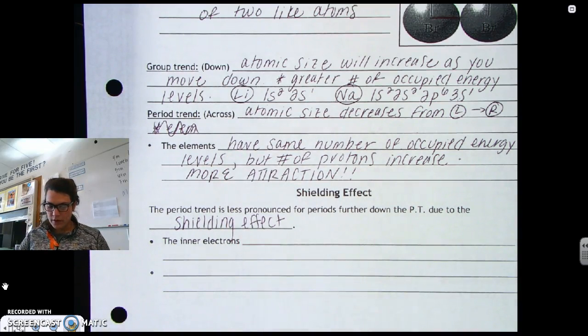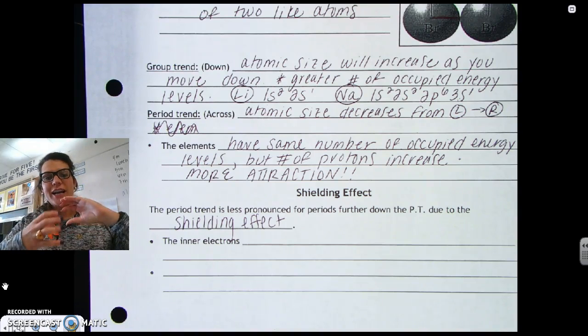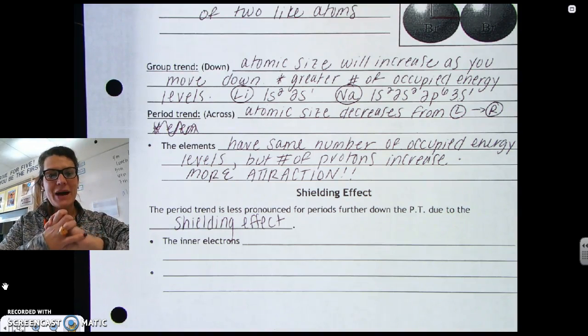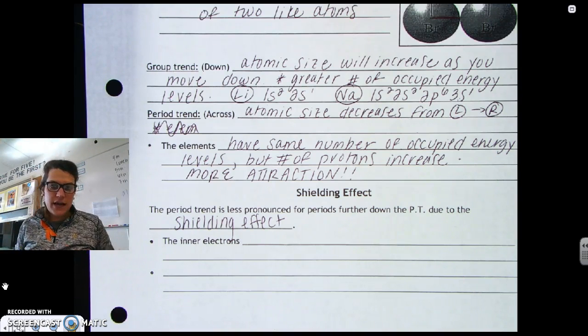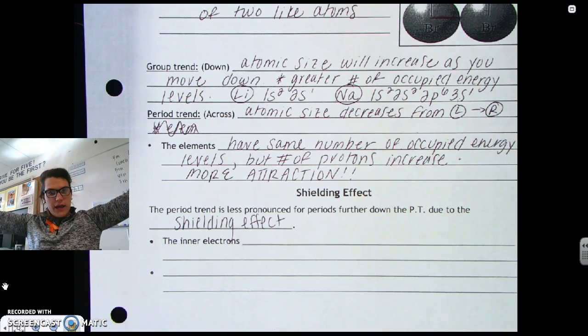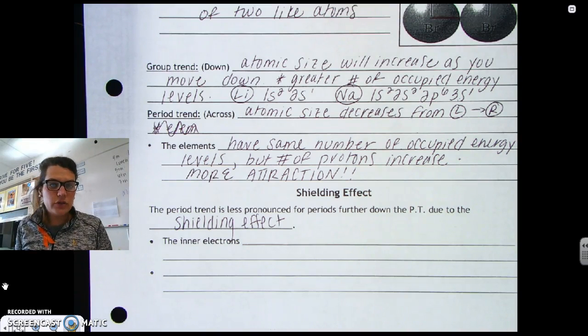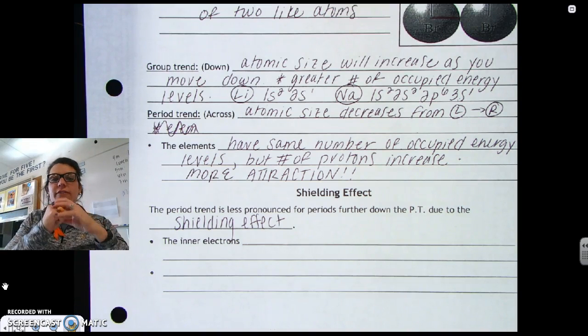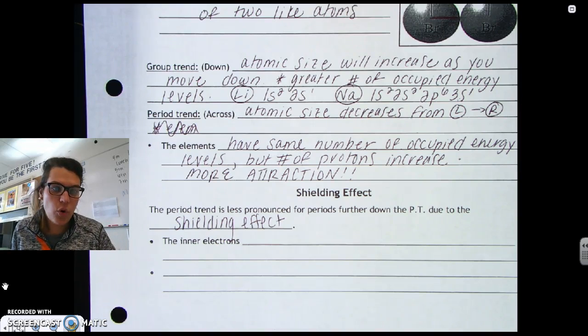What's happening here is the inner electrons are kind of hogging the positive force from the electrons that are on the outside. What does that mean? It means that the electrons that are all the way out in the highest energy level can barely feel that positively charged core, because the electrons that are closer to that core kind of hog the force.